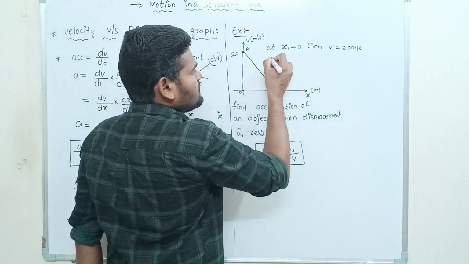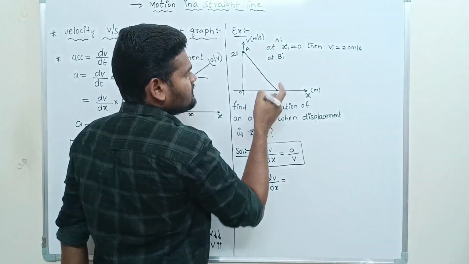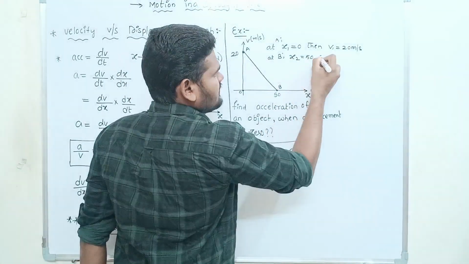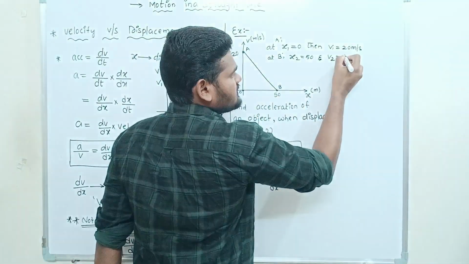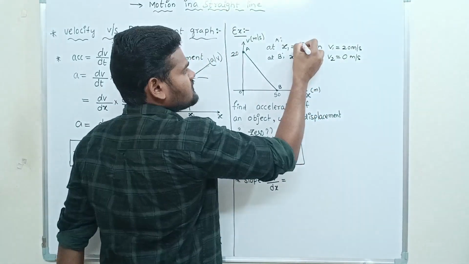If you come to the second point, point B, x2 is equal to 50 and v2 is equal to 0 meter per second. So this is 50 meters and this is 0 meters.